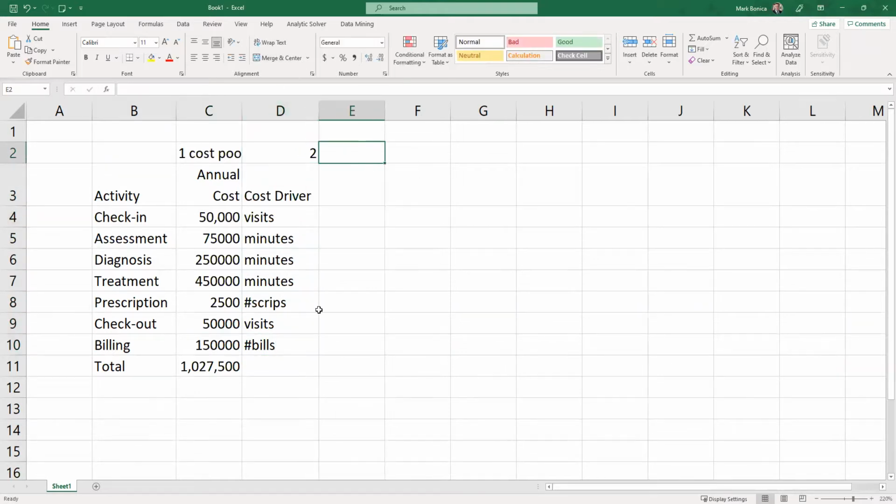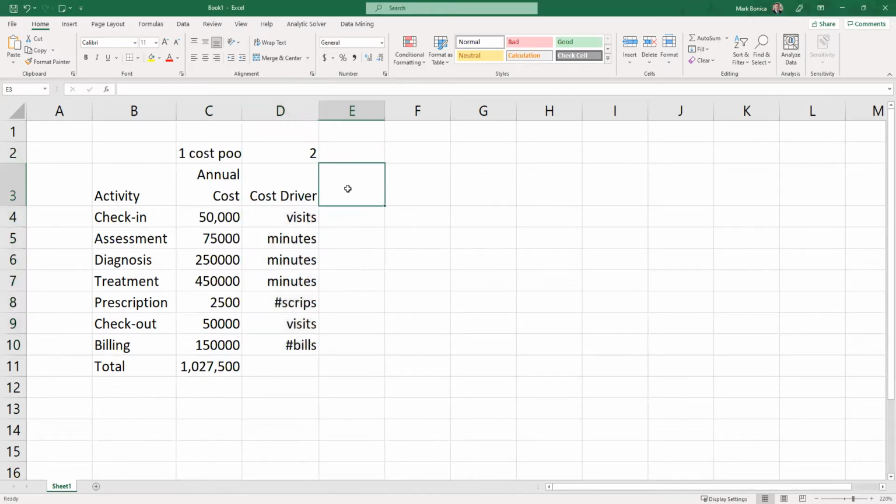All right. So now we're going to continue kind of working with the cost driver component. Let me see if I can just align these. I don't know if that looks better or not. So we need to say, all right, for the specific clinics now, we have audiology, and audiology has 5,000 visits.